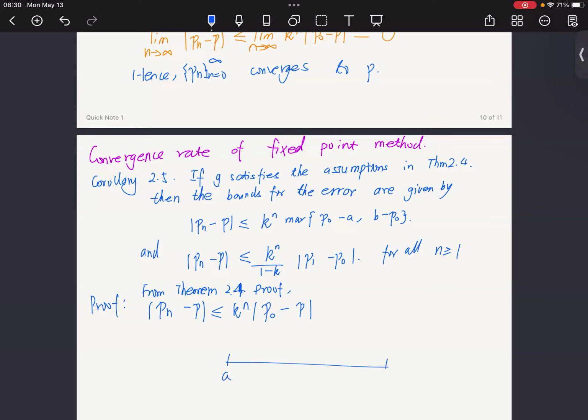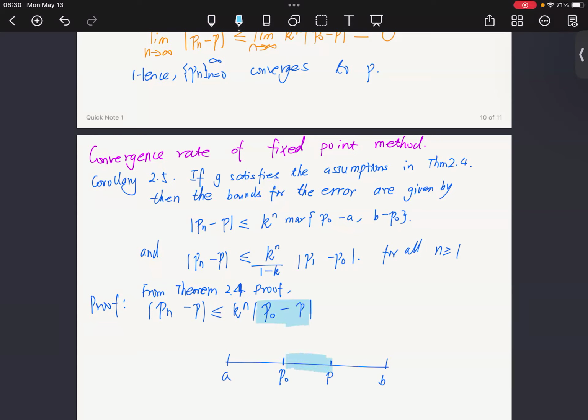Here we have the interval A and B, and maybe the true solution is here, at P. Maybe P0 is here, as the initial guess. And the difference here is just P0 minus P.